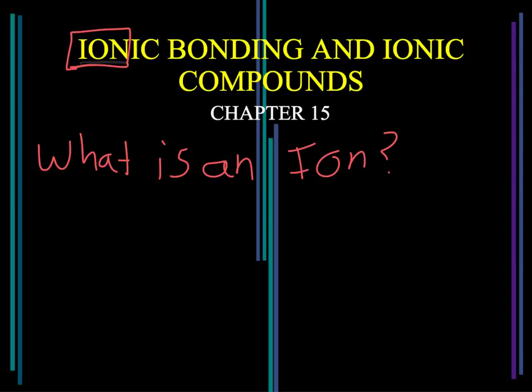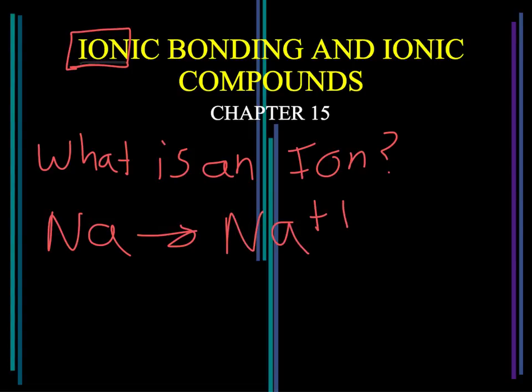An ion is when an element, so any element on the periodic table, let's choose sodium. Sodium is a normal element. We call that an element, or an atom. An ion is when it becomes something with a charge. Sodium specifically goes to a positive one charge.